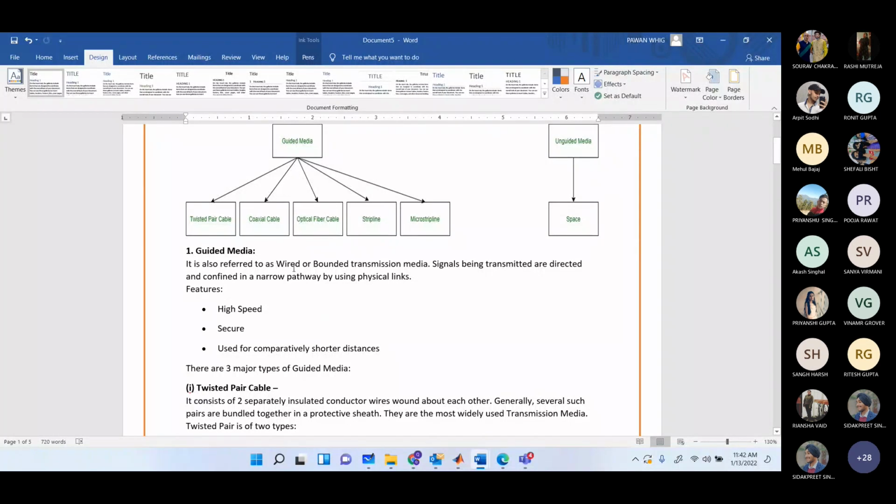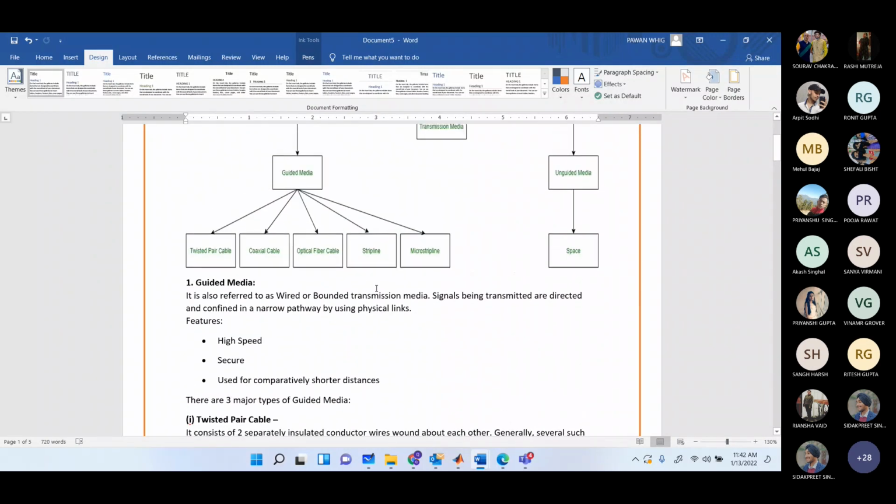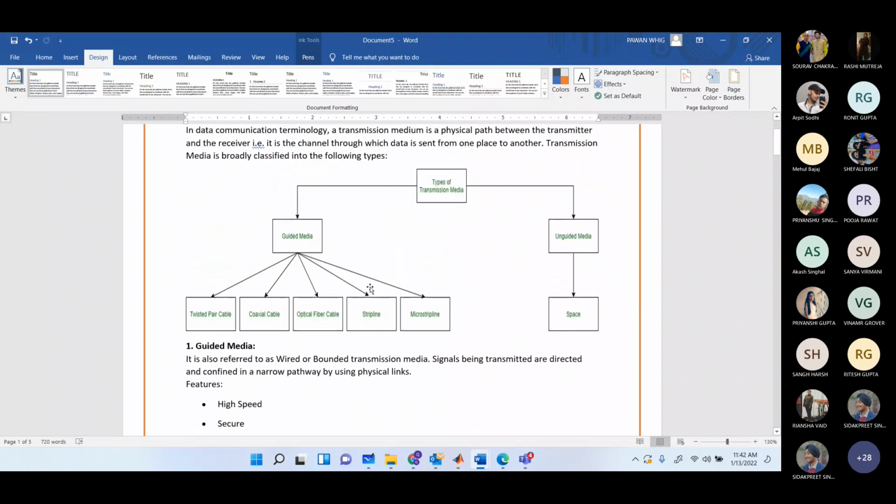It is also referred to as wired or bounded transmission media, and signals being transmitted are directed and confined in a narrow pathway by using physical links. Its features are high speed, secure, and used for comparatively shorter distance. Let us suppose you want to talk from Delhi to Bombay.